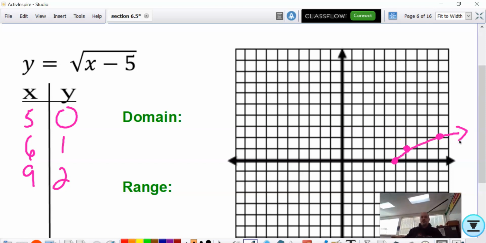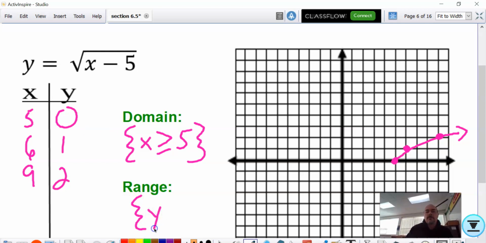Boom. Okay, domain, well, you'll notice this one starts at 5, ladies and gentlemen, and gets bigger. And the range starts at 0 and gets bigger. Well, what did this one do?